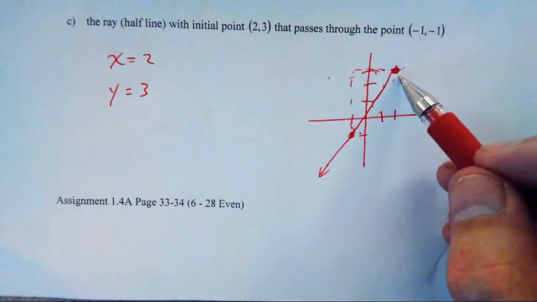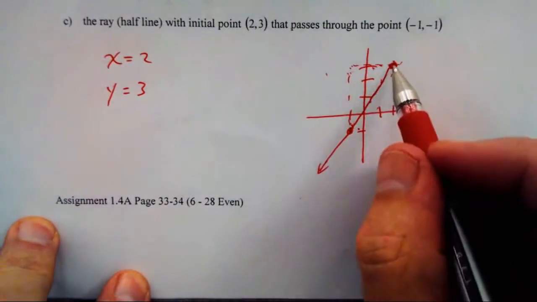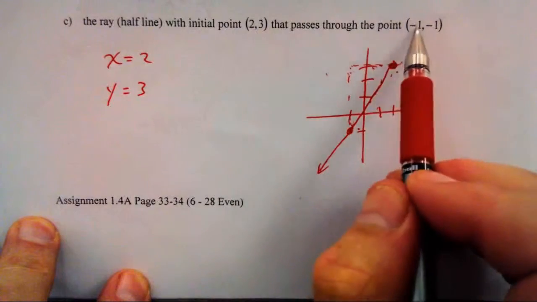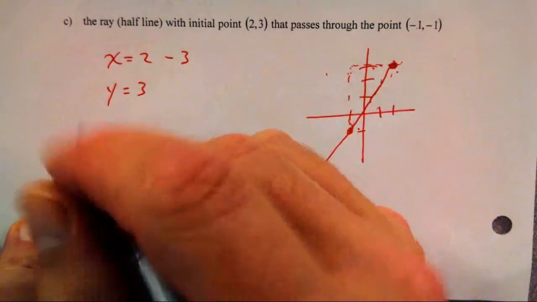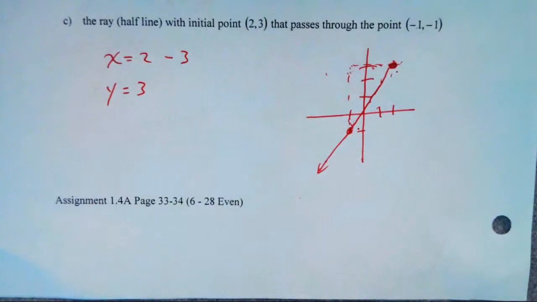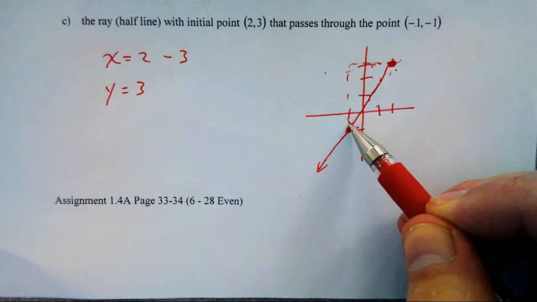I need a starting point and a target to shoot through. So what does my x do? It goes from 2 to -1. It goes down 3. Eventually, maybe in 3 seconds, maybe in 11 seconds, maybe in 40 days. But whatever it takes, however long it takes me to get there, I'm just going to call that a time unit.